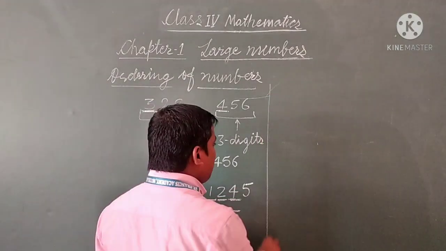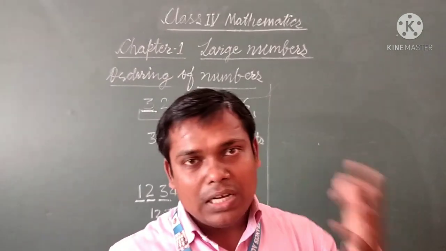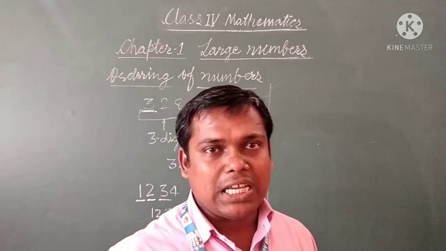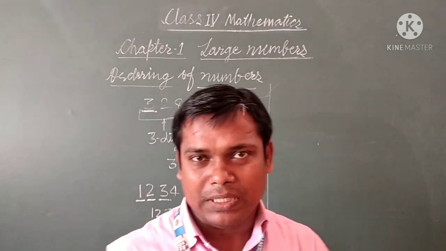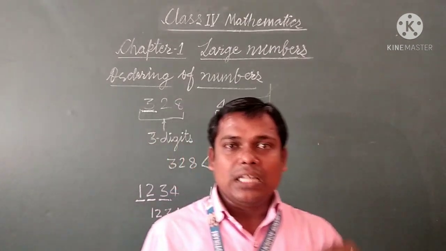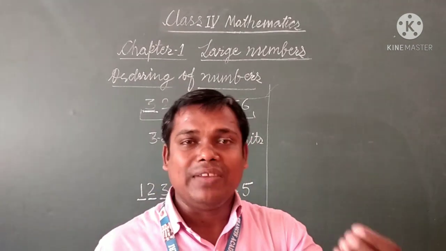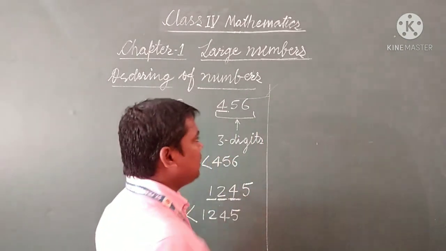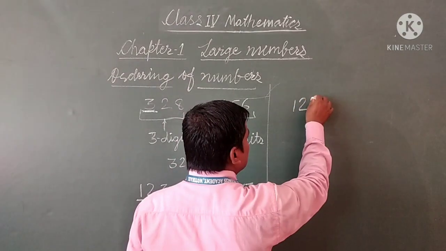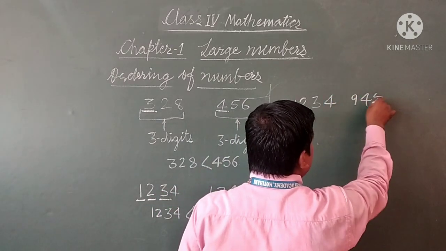Now, if we are having numbers where one number has more digits and another number has fewer digits, then it is quite easy to say that the number having more digits will be greater than the number having fewer digits. For example, 1234 and here 945.